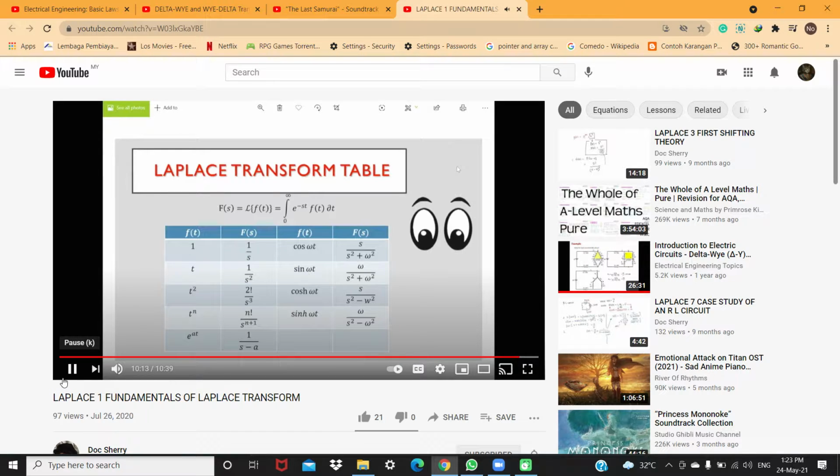The second one is here, given an input exponential to the power of at, the result will be 1 over s minus a. For the next subsequent examples, I will use this Laplace transform table directly. That's it for this video. Thank you.